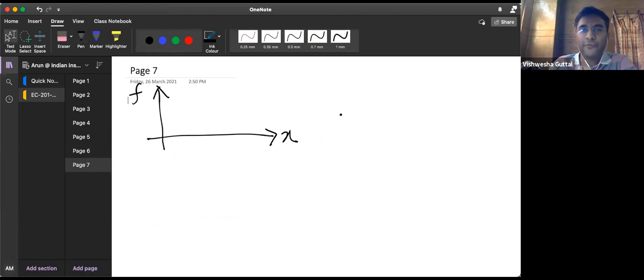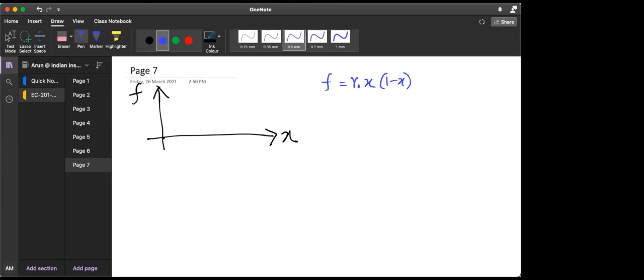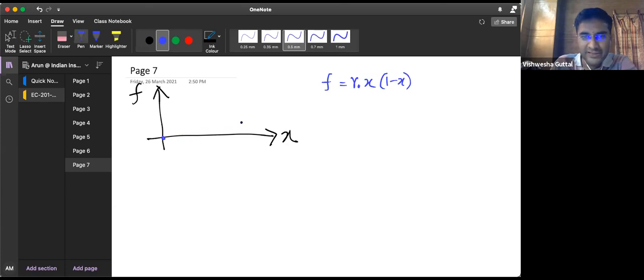So for the logistic model, how will this look? For the logistic model, f is equal to R0 x into 1 minus x, right? Let's assume R0 greater than 0 for the time being. How will this look? It will be a parabola, right? At x equal to 0, f is 0, and at x equal to 1, it's again 0.